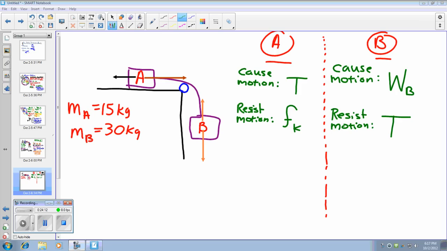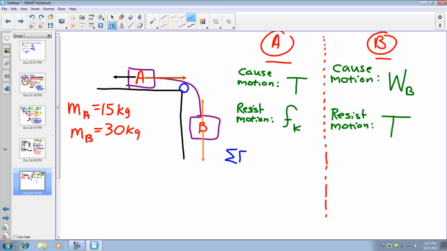So if I want to, I can think about the sum of the forces for block A. The sum of the forces is going to be the tension minus the kinetic friction. And the sum of the forces for block B is going to be equal to the weight minus the tension.